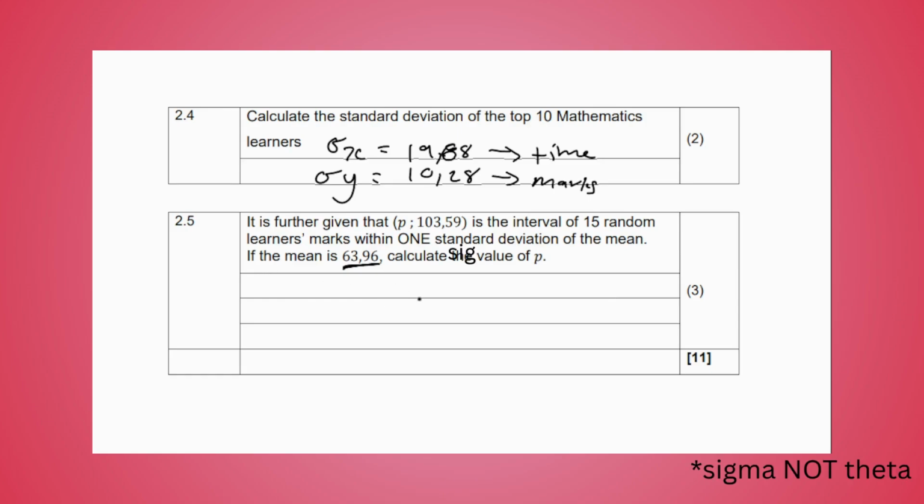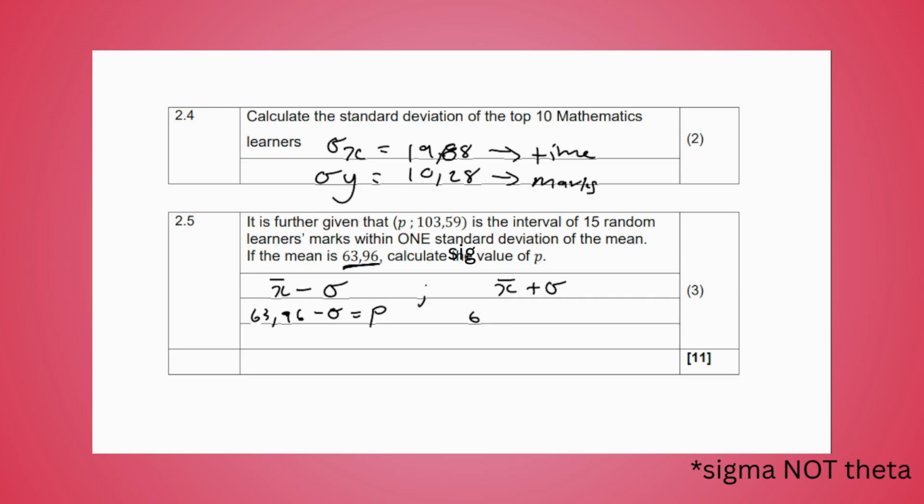If you look at your interval for one standard deviation, you get the mean minus the standard deviation and the mean plus the standard deviation. So the mean, 63,96, minus the standard deviation is the lower interval. They did tell you this is the interval, so p should be equal to that.